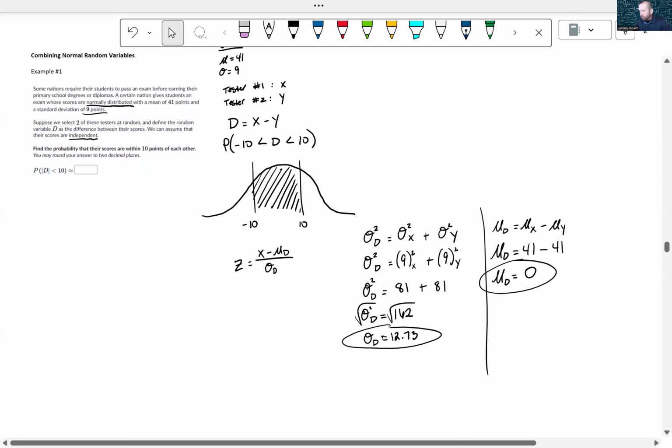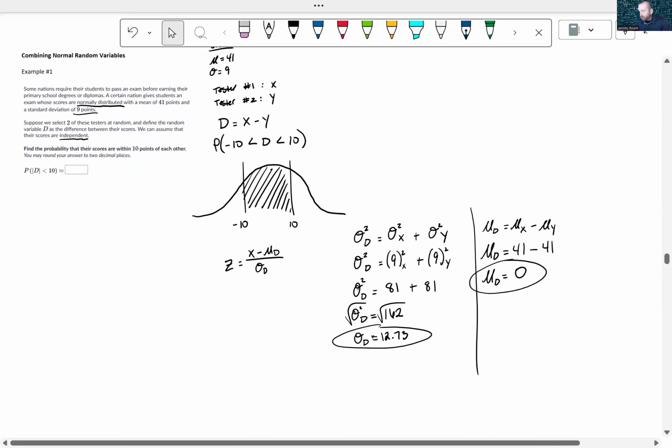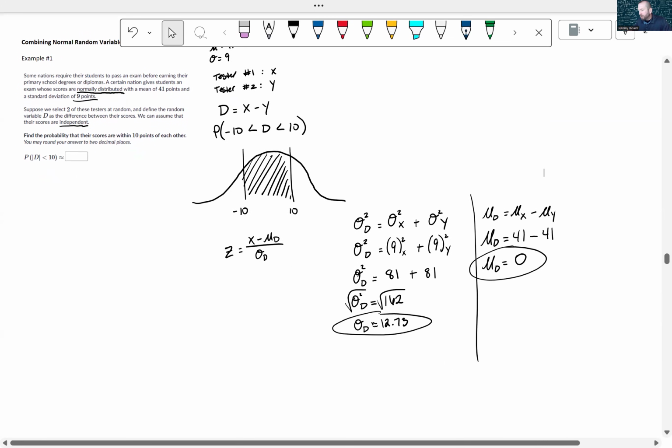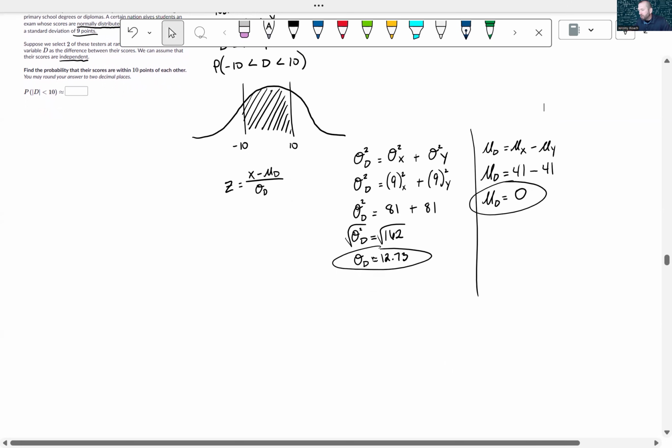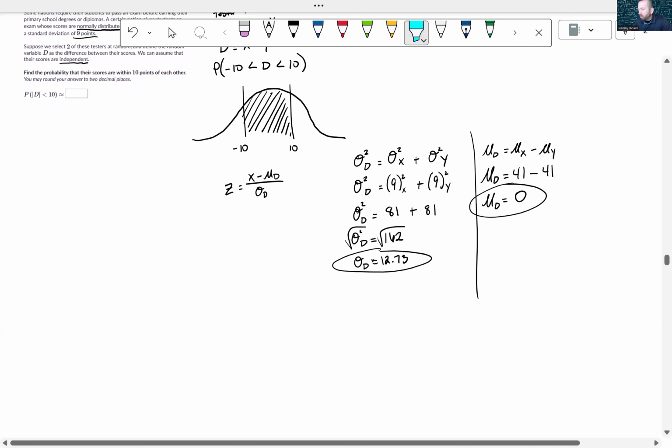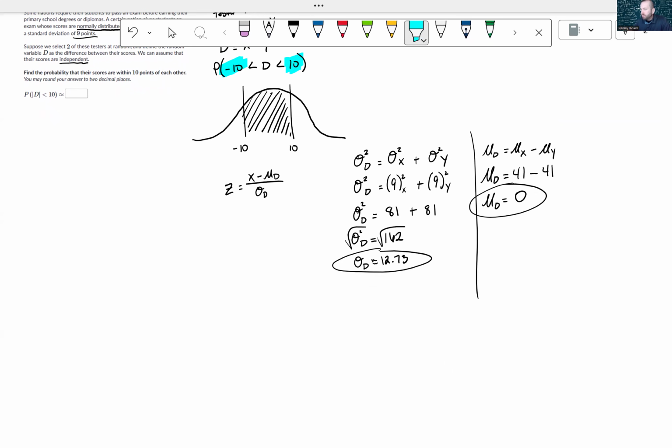Now we've got to figure out what x is for our z-scores. Well, we want a z-score for a range of values. We want our z-score for a range of -10 and +10. So we're going to find two z-scores.